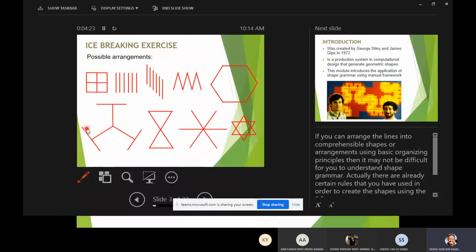And this one is also 6 lines: 1, 2, 3, 4, 5, 6. This is also 6: 1, 2, 3, 4, 5, 6. And this is in a radial manner, so you arrange them in a radial manner.